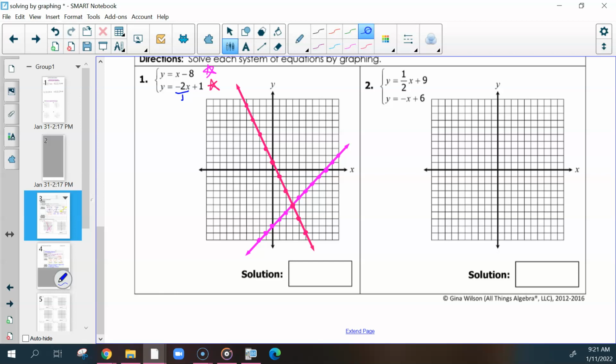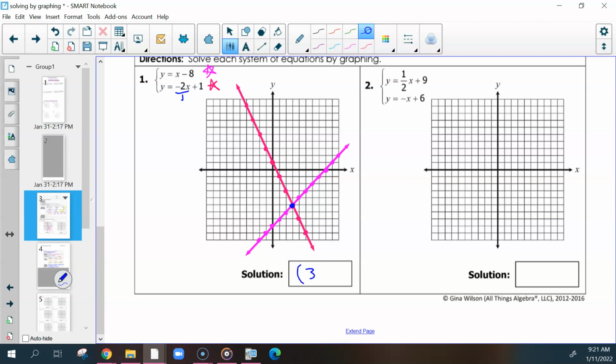Where do these two lines intersect? Down 2 to the right one. This is slope, yes. What is your solution here? -5.